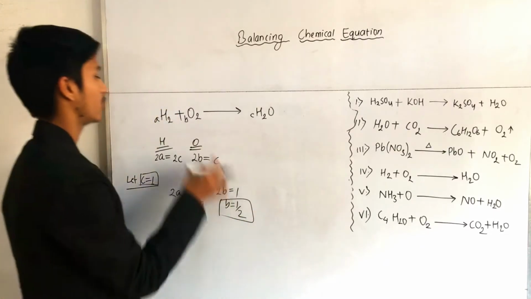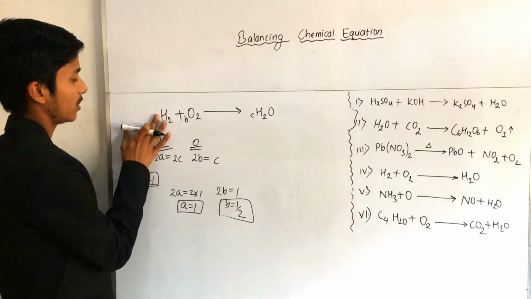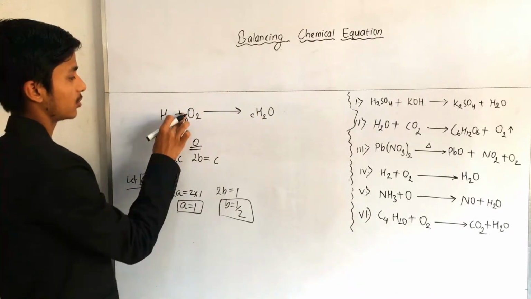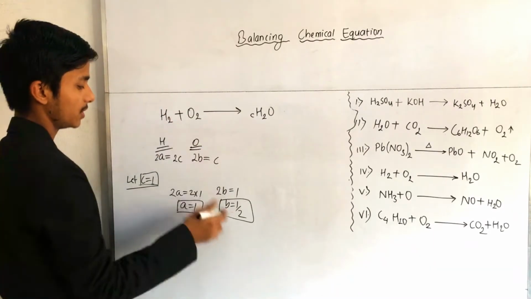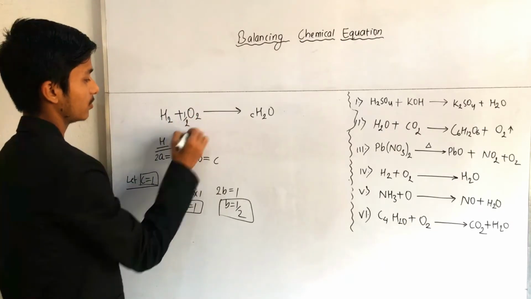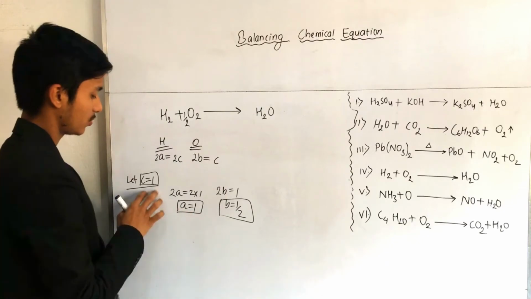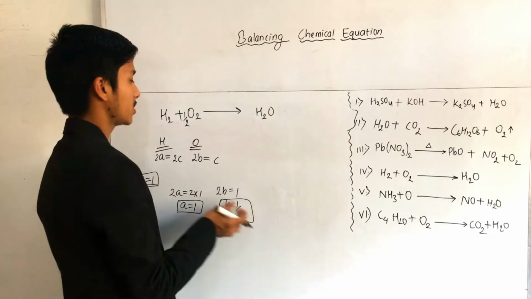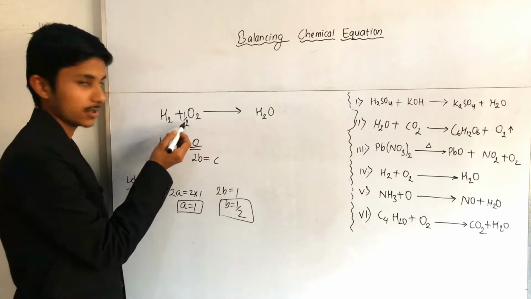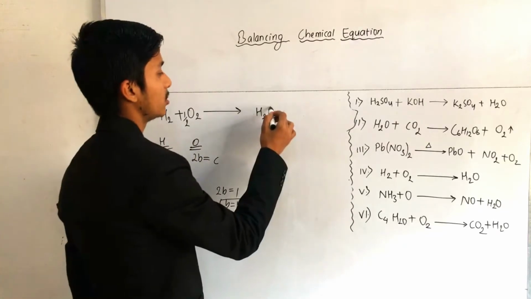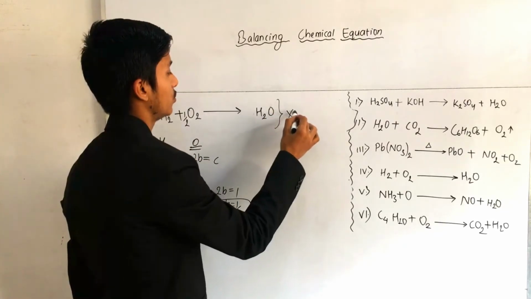Now we put this value. Then what is the value of A? 1. No need to put here. The value of B is 1 by 2. Then we put here 1 by 2. And the value of C is how much? 1. No need to put. Just to convert this fraction to a whole number, we need to multiply this equation by 2.